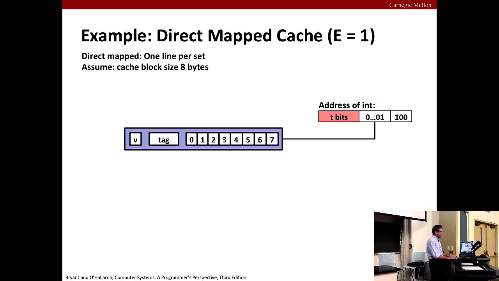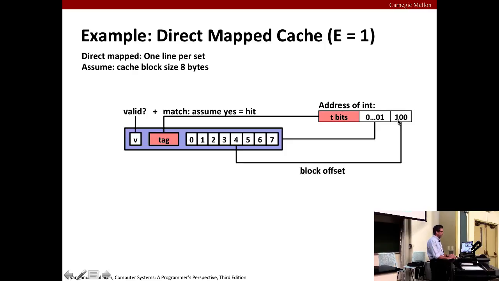Then it does the comparison of the tag bits and the valid bit, and assume that the valid bit is on and that the tag matches. Then it looks at the block offset, which is 4, and which tells it that the 4-byte int, suppose that's what the instruction was referencing, begins at offset 4. So now the cache takes this int and sends it back to the CPU, which puts it in the register. Okay.